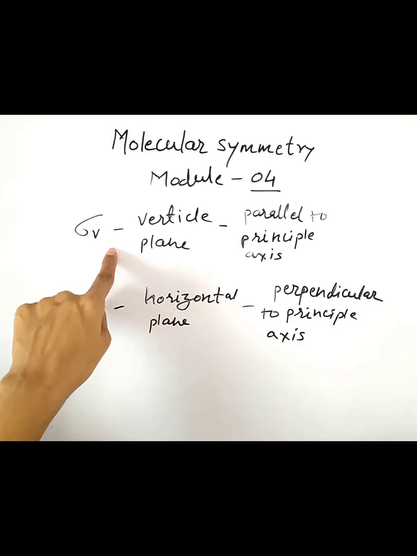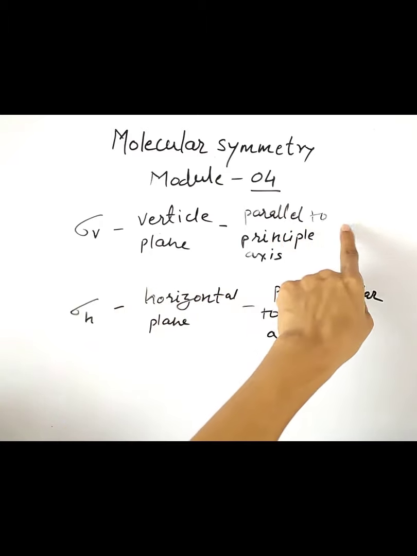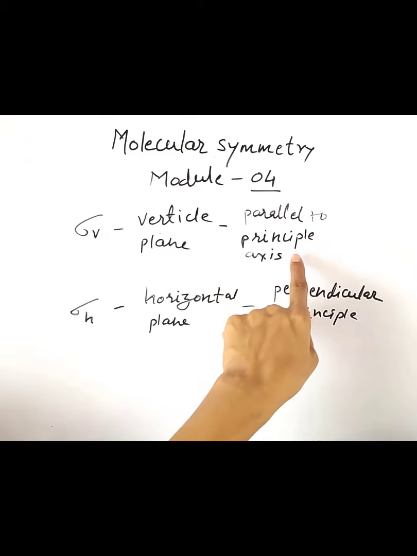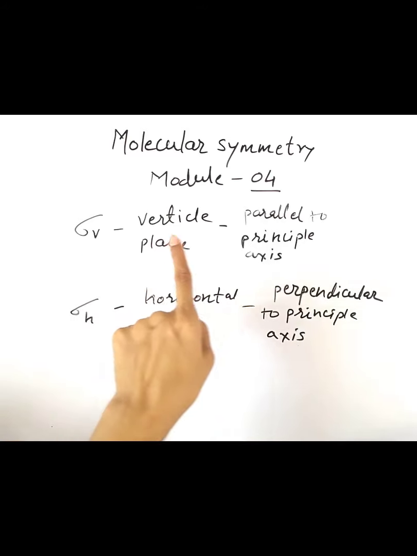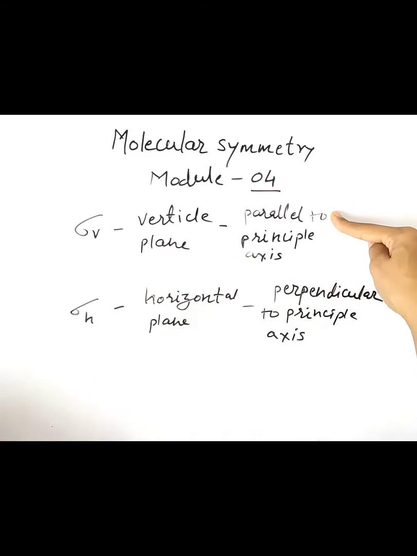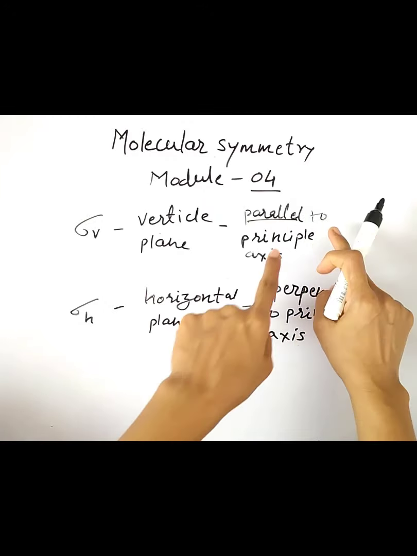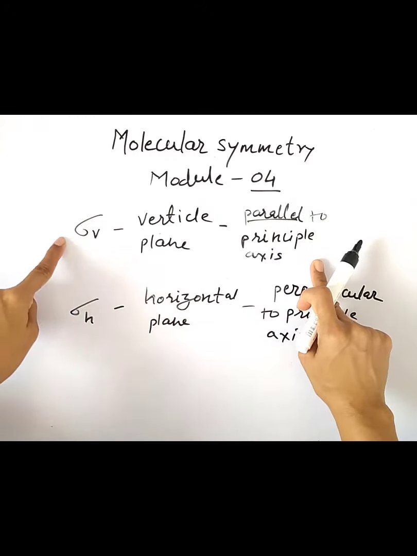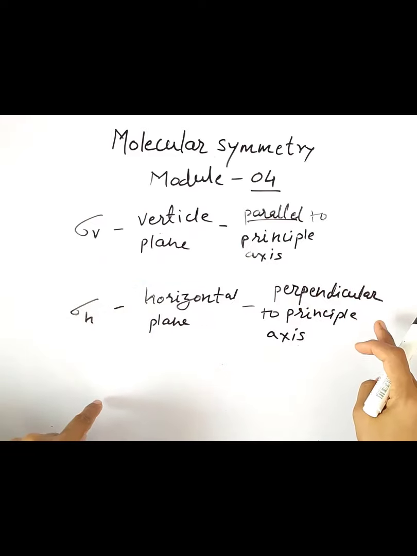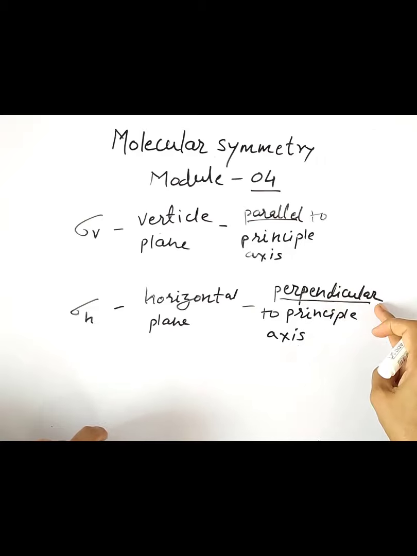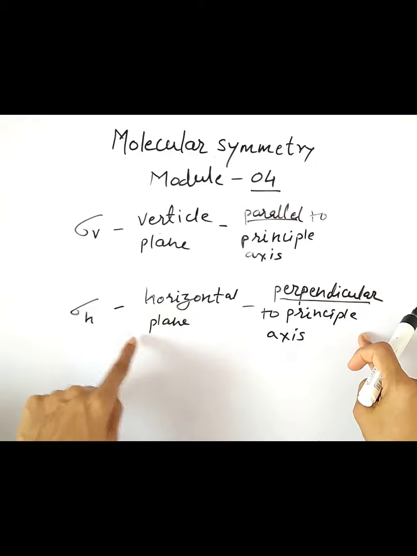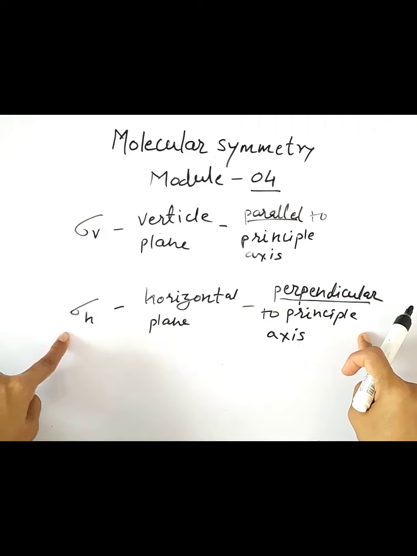If the plane that we are passing through the molecule is parallel to the principal axis, then that mirror plane will be called sigma V. If we are passing a plane through the molecule which is perpendicular to the principal axis, then it is called the horizontal plane.